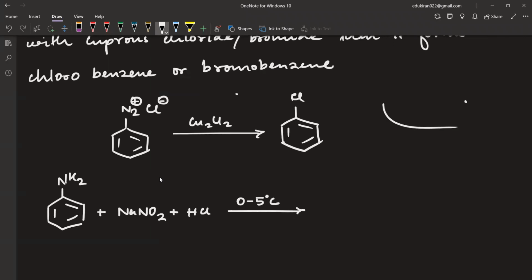So we used to have a tub. In the tub there was ice, right? And then the beaker is set up inside the ice like this. And here we prepare the benzene diazonium chloride by reacting aniline with NaNO2 and then HCl. And then what you will be getting is benzene diazonium chloride, that is BDC.